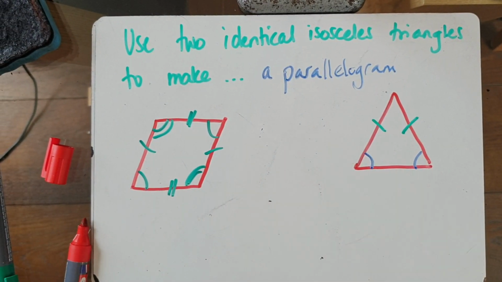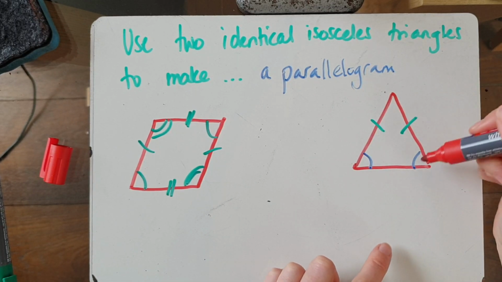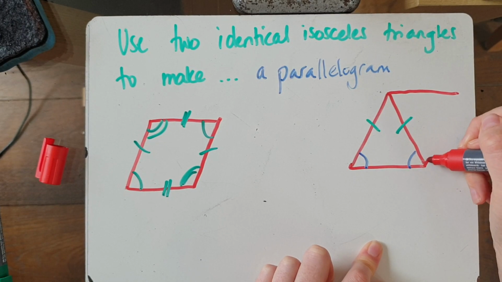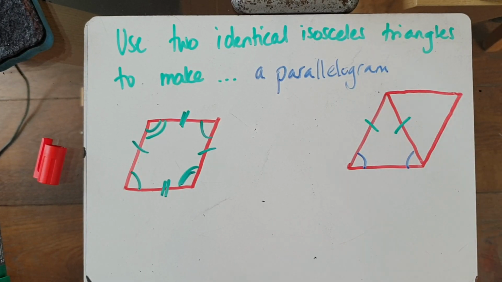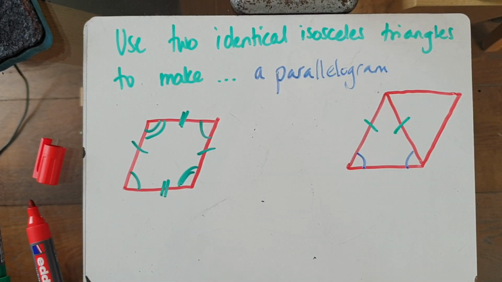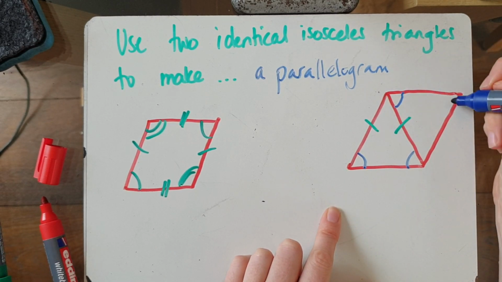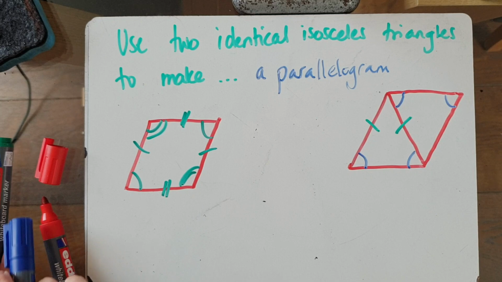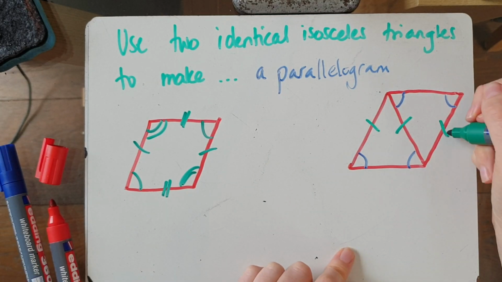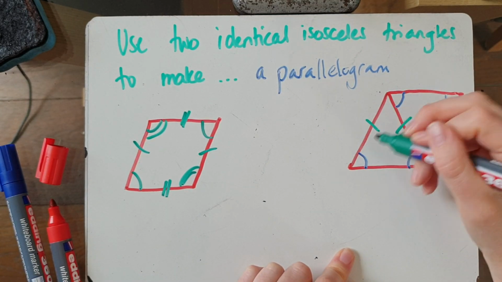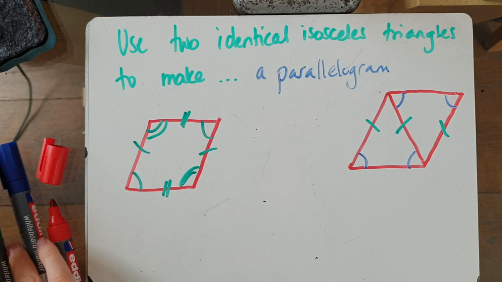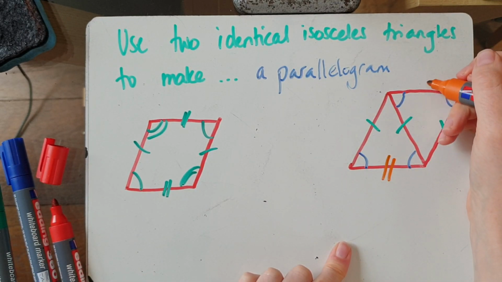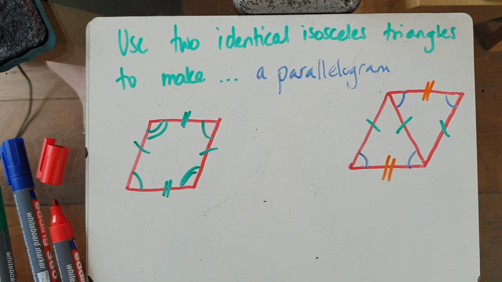I'm actually going to do it on here. If I flip this triangle upside down and attach it again here, then these are the two base angles of the triangle. This side will be the same length as this side. And then this is the base of the triangle. So it'll be the same as the base of the triangle, which is now at the top.